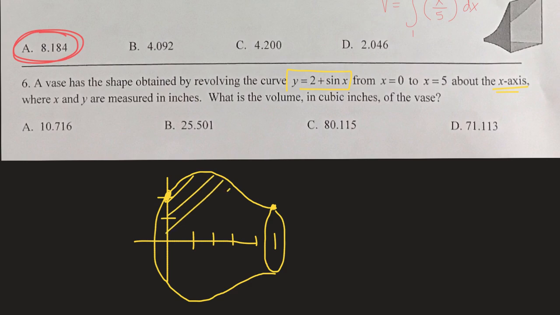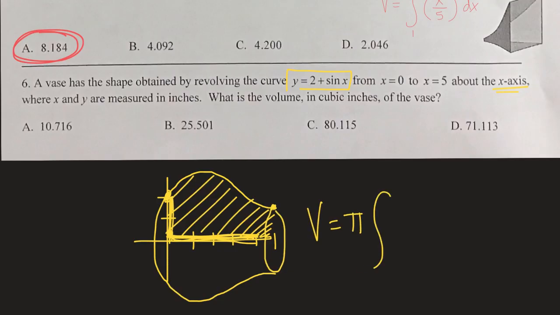So does our area touch the axis of rotation? Yes, it does. The area of our base touches the axis of rotation. So volume is just pi r squared. And how do we find the radius of each of these things? The radius is just the y value.